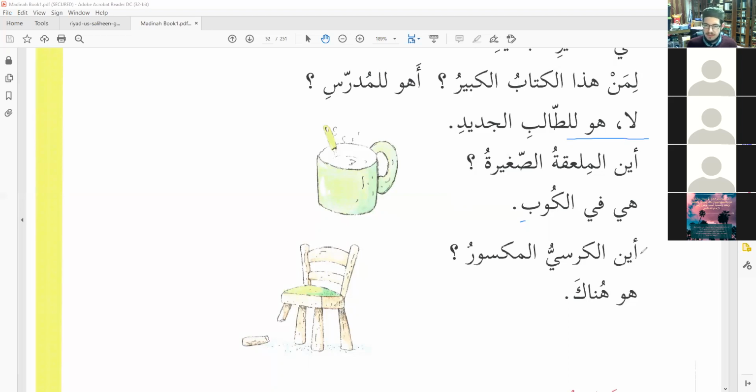And where is that broken chair? It's over there. Yes, exactly. And the only minor thing, because I like to pick on Dr. Musa: we got "the" instead of "that." There's no evidence for "that" in the sentence. However, there is evidence for "the," the alif lam. But that's fantastic. Great job.